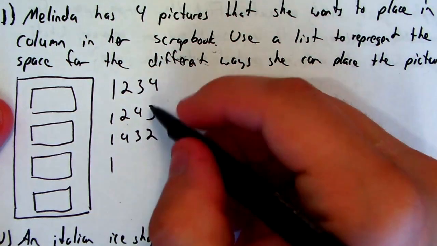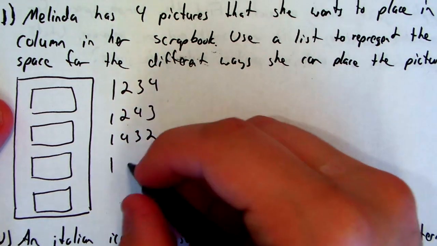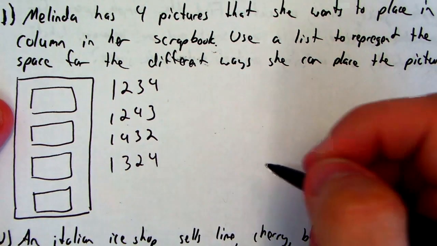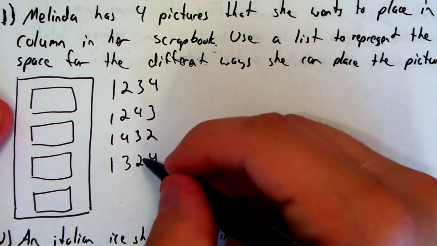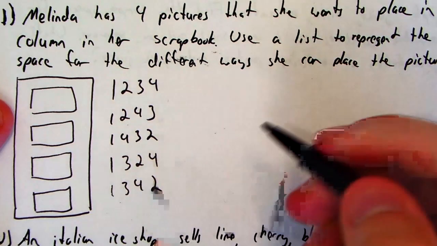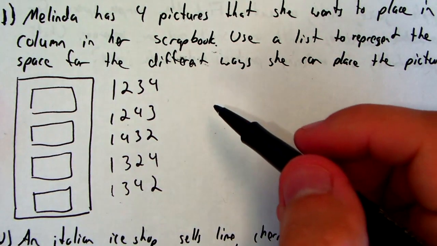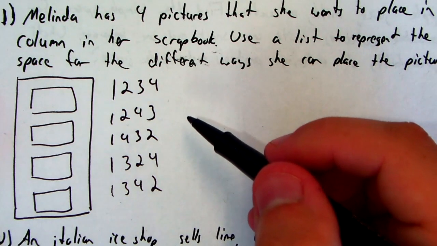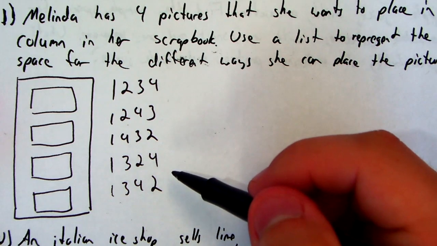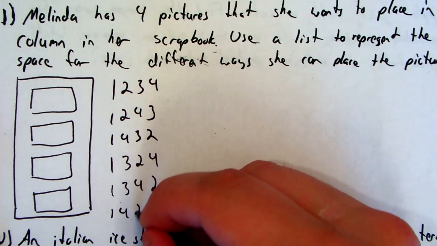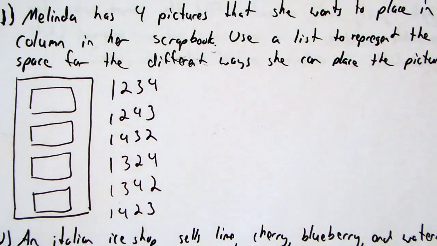We could also switch 2 and 3. Or we could switch now the 2 and 4. And we could switch the 2 and 3 here as well. So we could have all of those different combinations if we simply do the first picture first.